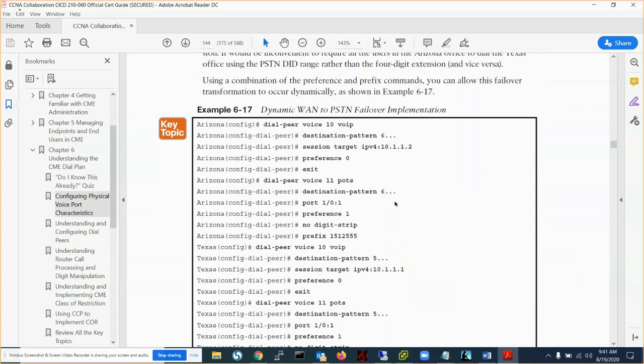But the strip comes in handy. Let's say this is not a dial peer where you're making calls over your own network. You're calling over the PSTN, to a cell phone or landline. Most people in a company use 9 first to get out, although in NIB it is 8, and then you call the 7 digits.